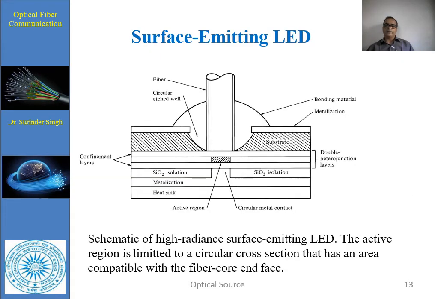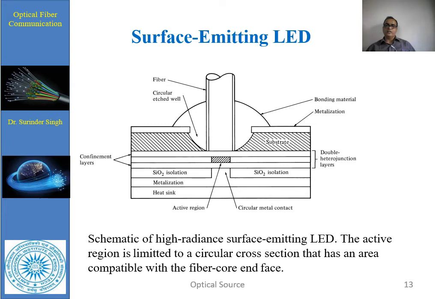Now there are two types of LED available. One is the surface emitting LED, another is the edge emitting LED. In this surface emitting LED structure shown here, this is the main active region where recombination takes place.